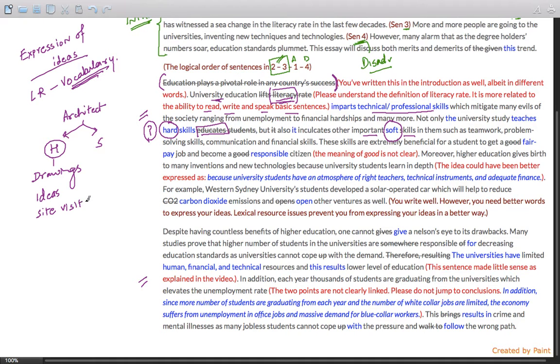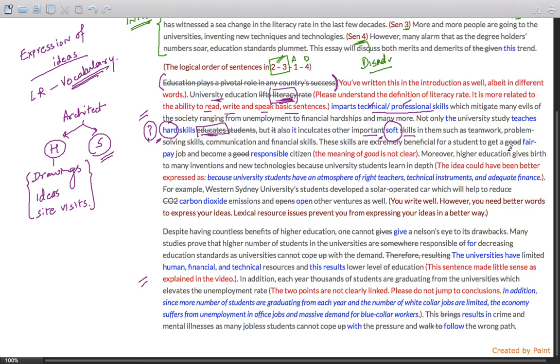So the architect visits the site and studies the quality of the work being done. The communication skills come under the soft skills. So university education imparts certain technical and professional skills. These are basically hard skills, and the student should have used these words to create a better impression. So the words are not wrong, they're just vague. Education is a vague word, literacy is not a proper word.